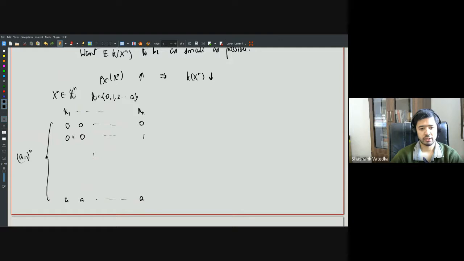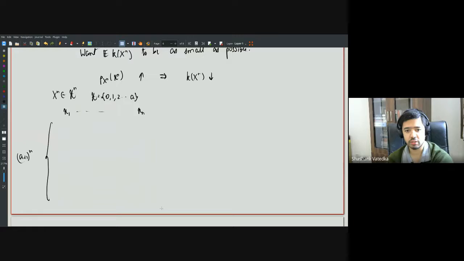Of course I can write down all the sequences in this particular fashion, but what I want to do is, instead of just ordering them in a lexicographic fashion, let me write them in the order of decreasing probability.